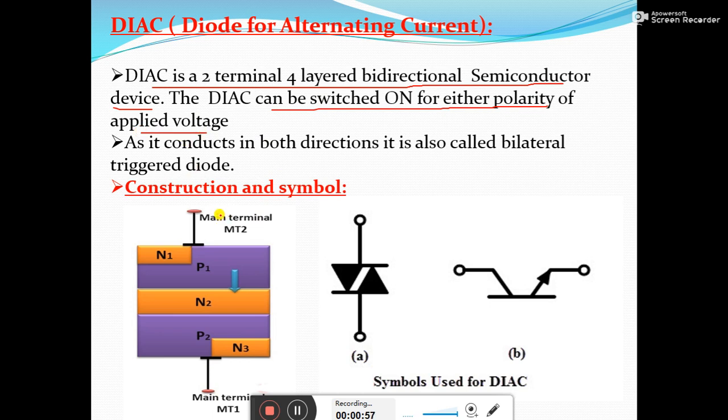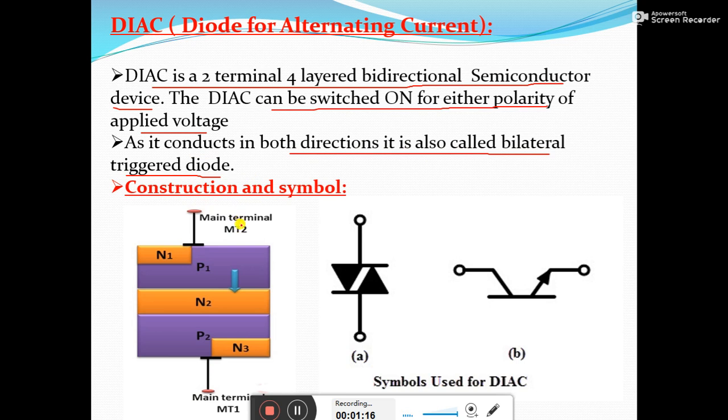Whether you keep MT2 positive with respect to MT1, or MT1 positive with respect to MT2, doesn't make any difference. Current will flow in both directions. As it conducts in both directions, it is also called a bilateral triggered device.